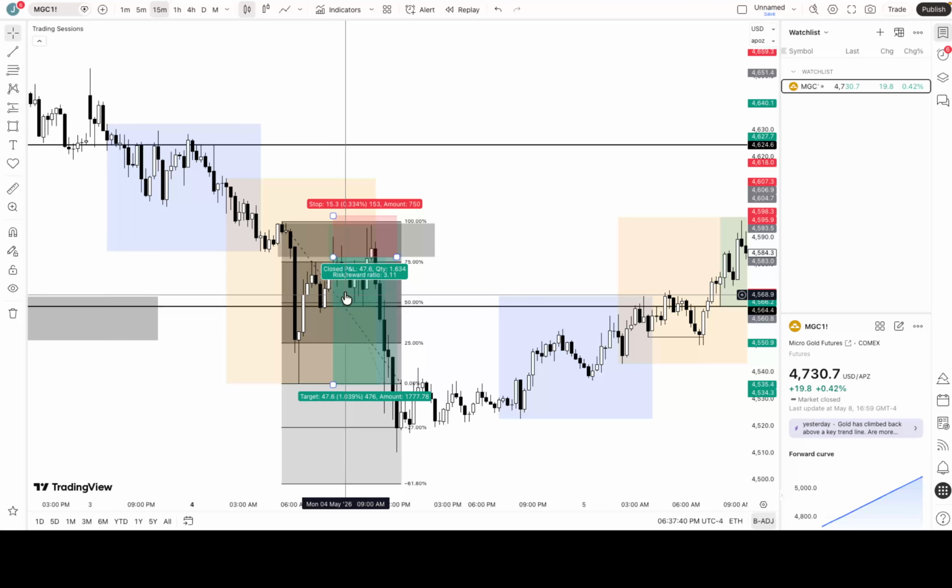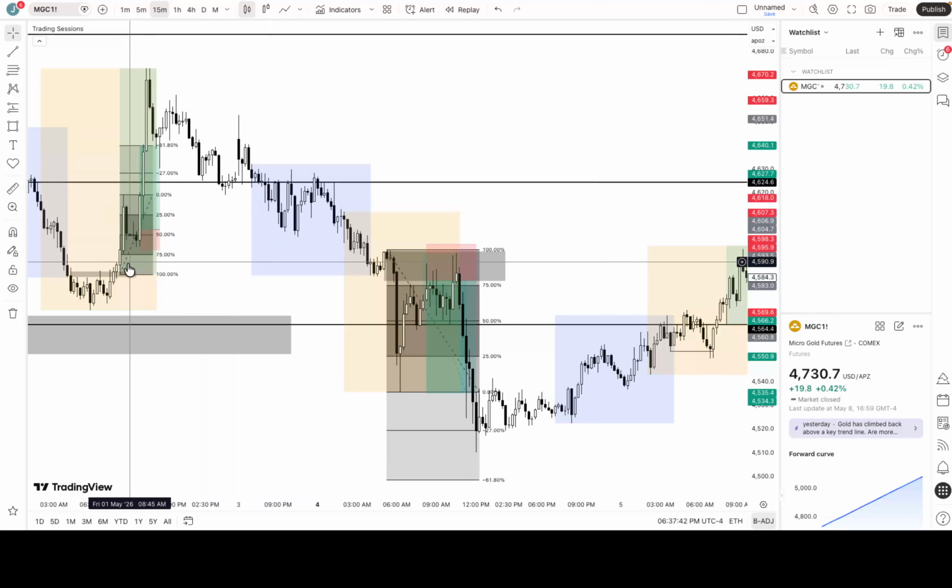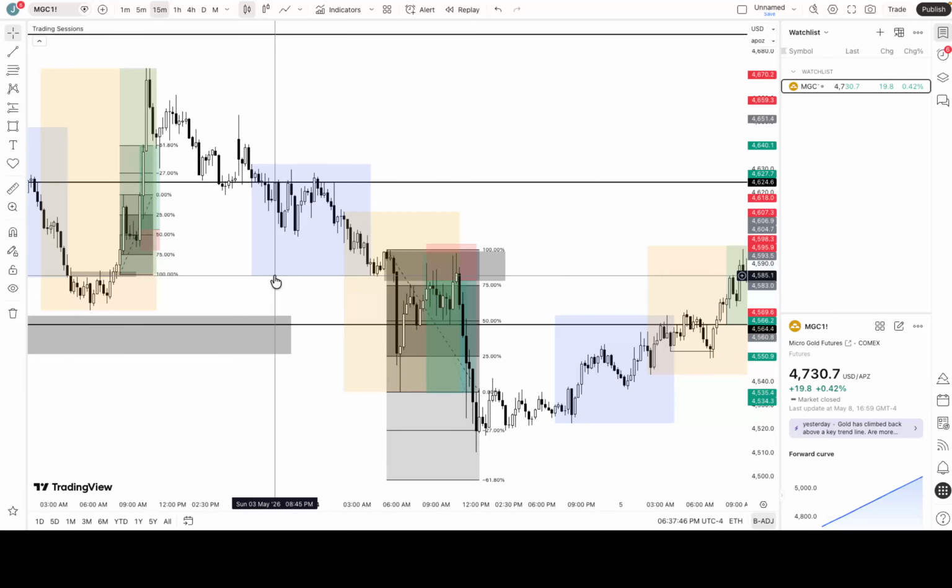Or we see price push down and not really create liquidity, just push down a little bit, then push up for a Fibonacci setup or supply and demand setup or something of that nature.